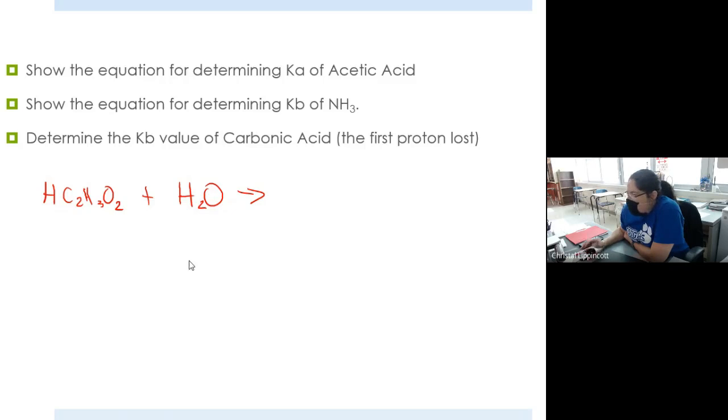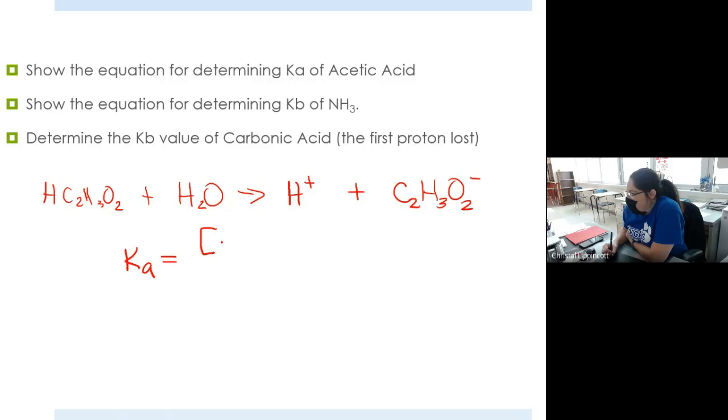Okay, all right, so you should have gotten your H3O plus, which remember we can write as H plus, and then C2H3O2 minus. Now, if we're just showing the equation, and we want to calculate Ka, you're going to have the molarity of your products over the molarity of your reactants, and you don't include water.